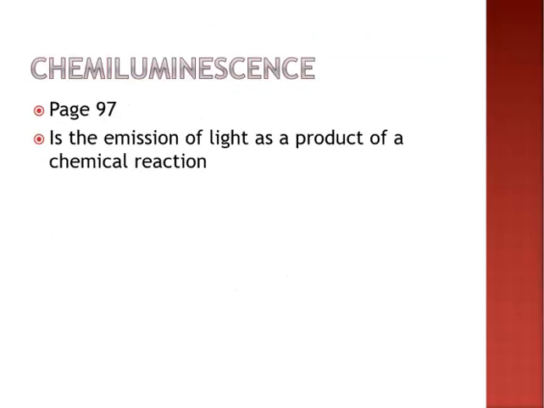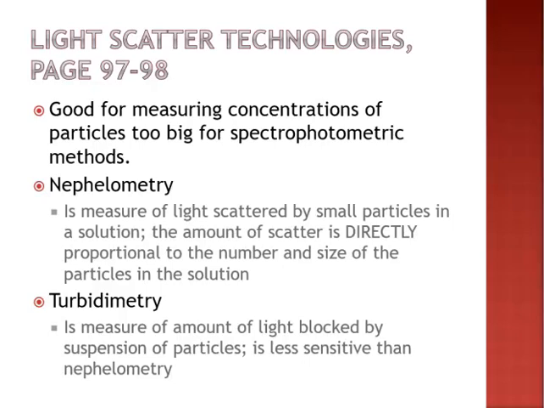Another methodology we can use in clinical chemistry is chemiluminescence, and this is where there's an emission of light as a product from a chemical reaction. We could also use light scatter technologies in clinical chemistry. It's good for measuring concentrations of particles too big for spectrophotometric methods.